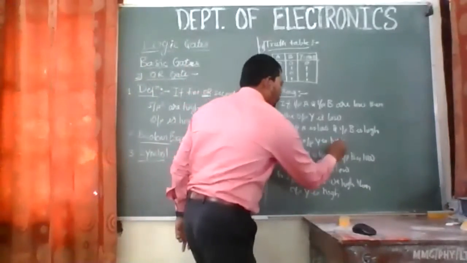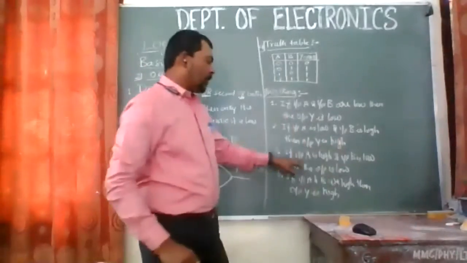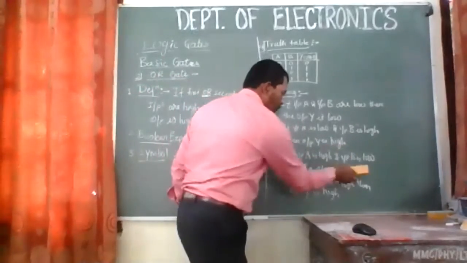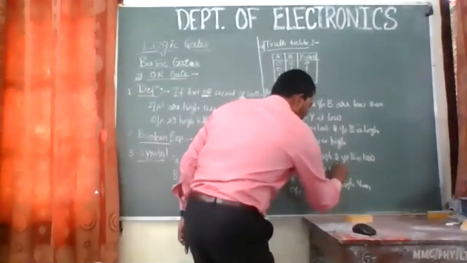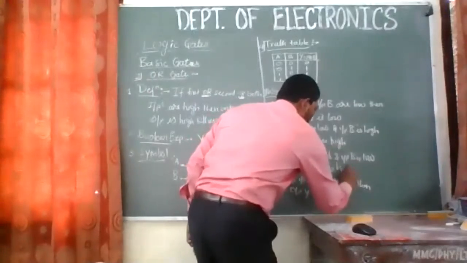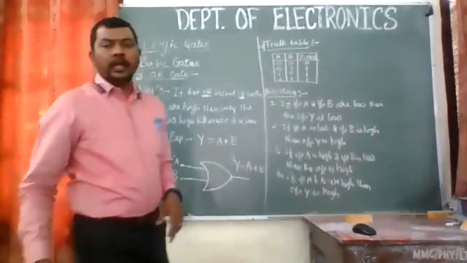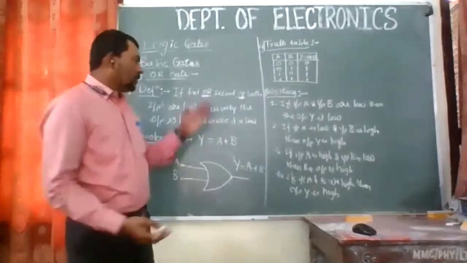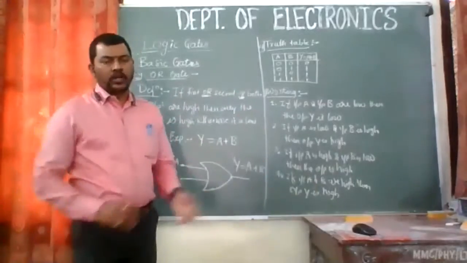If input A is high and input B is low, then the output is high. And if inputs A and B are both high, then the output is high. So this is the explanation of the working.